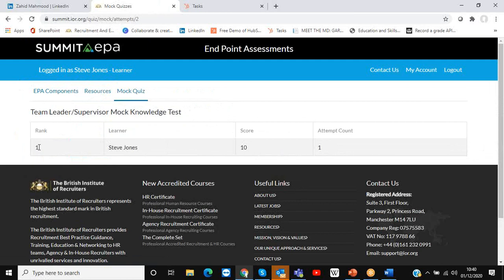And if there isn't anybody on there that you've added onto the system, this is a good way to prompt them to say you've not logged in, or you've not had a go at the mock knowledge test. Maybe they haven't got their login details, or something like that. But it's a good prompt to give them a nudge and ask them to log in and take a few knowledge tests, etc.